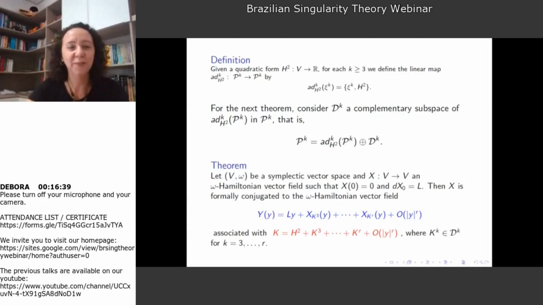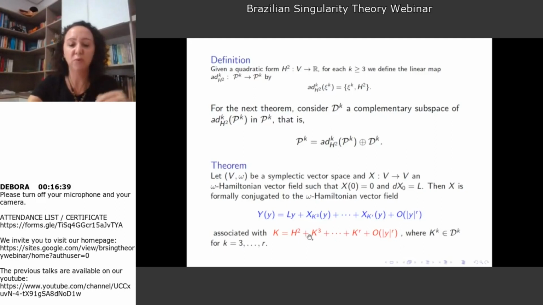Well, we need to explain again because there are a lot of things to say. So, what have we done? We have an original vector field. We have a Hamiltonian function. How do we obtain the normal form of the Hamiltonian function? We write a new Hamiltonian function as the original quadratic form A2, from the original vector field, plus some elements in which, for each k, the element belongs to this complementary subspace.